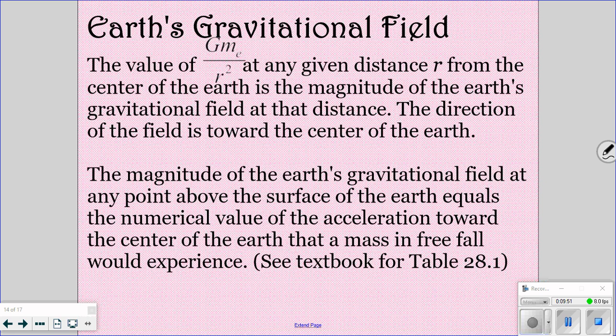And then as you go 1,000, 2,000, all the way up to 50,000, your acceleration due to gravity lessens, because that means that the pull of the Earth is weakening from you because you're getting further and further away from it. So that's how that table can be used.